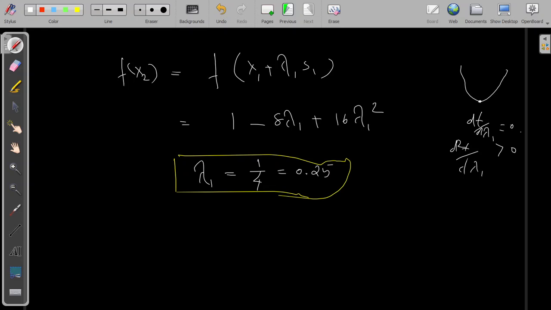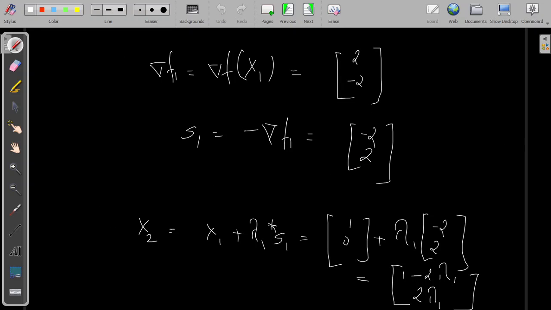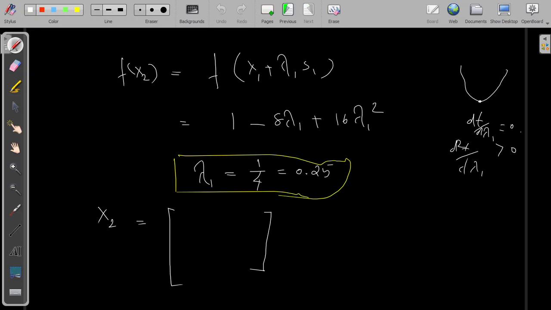Now, what is the next step? You calculate x2 by substituting lambda 1 in the x2 equation, (1 minus 2 lambda 1, 2 lambda 1). 1 minus 2 lambda 1 is 1 minus 2 into 0.25, that means 0.5, and 2 lambda 1 means 2 into 1 by 4, which is again 0.5.